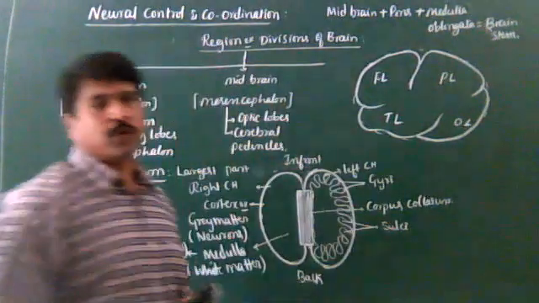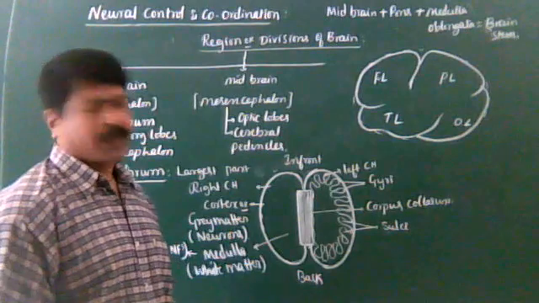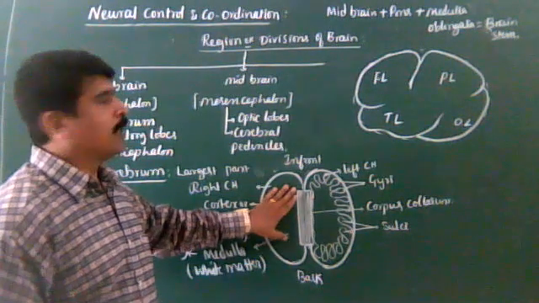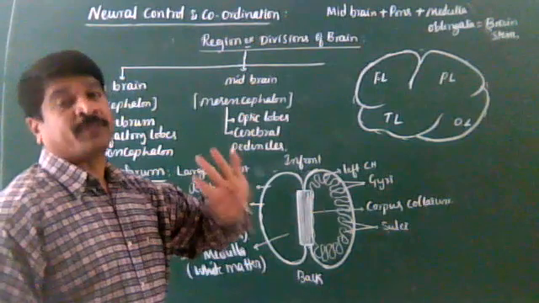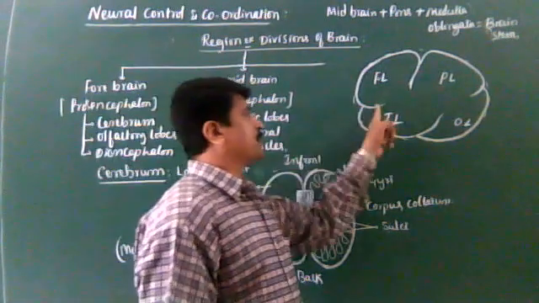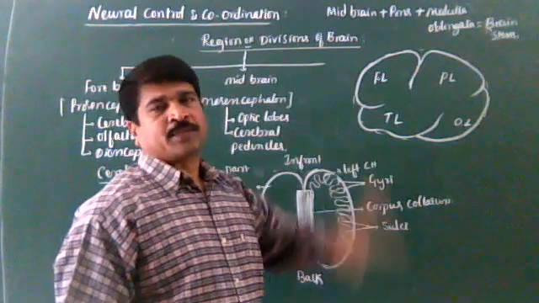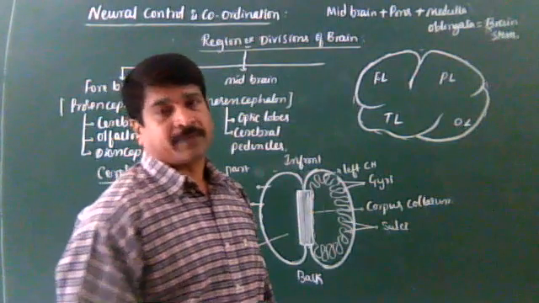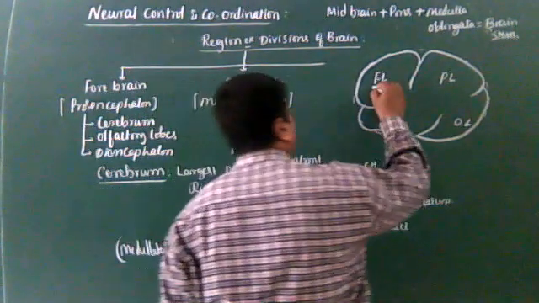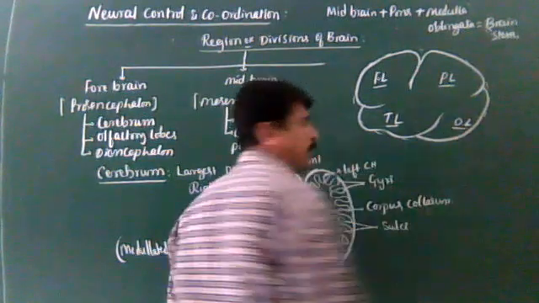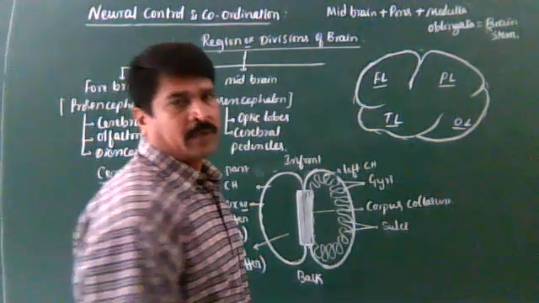So, each cerebral hemisphere, it may be right or left, is divided into four lobes by fissures. So, these are called fissures. Clear?